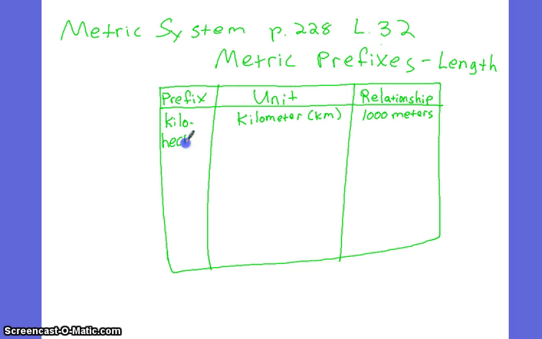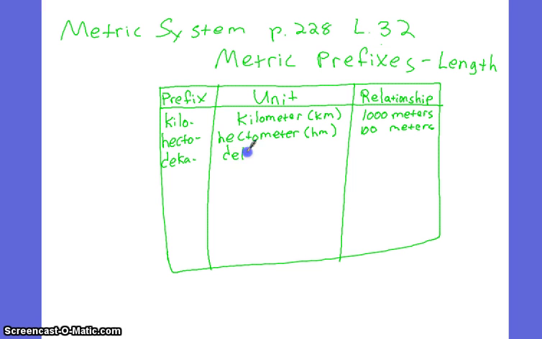Hecto. You don't see hecto as much, but it's something that you should know. You have the hectometer. It's the easiest way to say it. That's HM as an indication, and it's 100 meters. Notice that we divided by 10 as we've gone down. So then we have deca, and deca actually does mean 10.